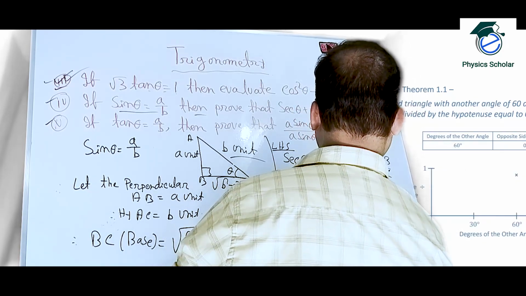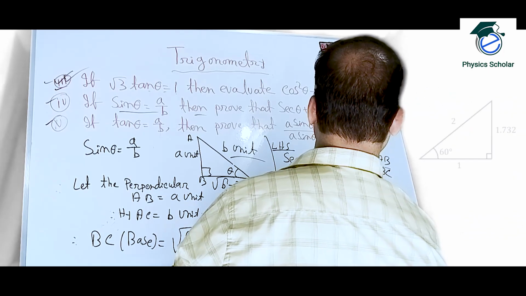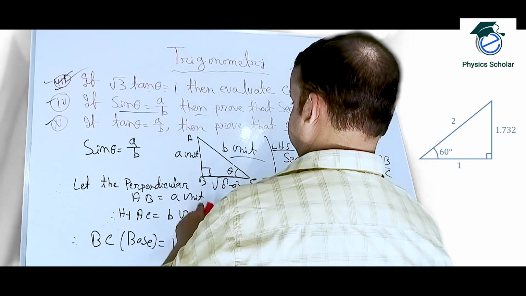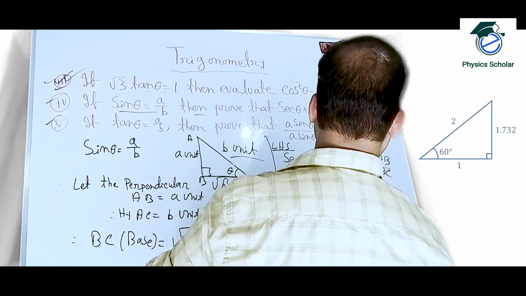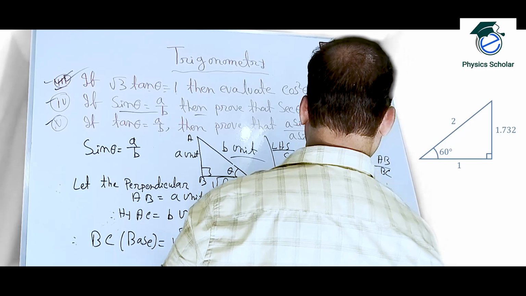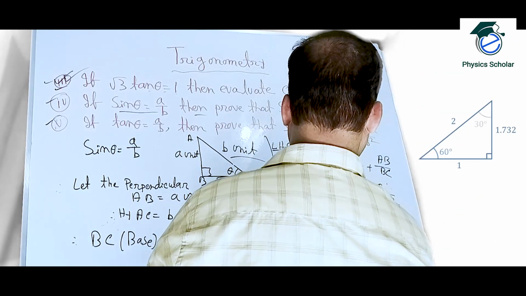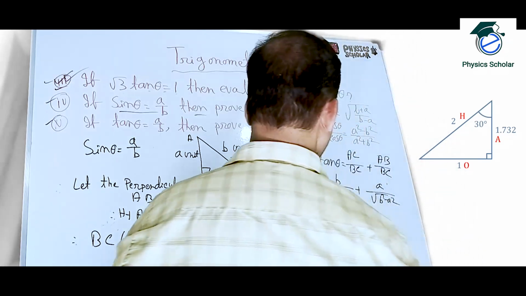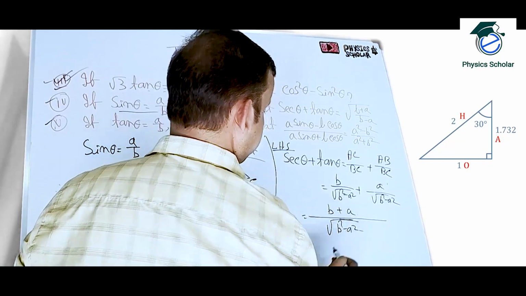So root over B square minus A square will be the LCM. So B plus A, over root over B square minus A square. So what do we have to prove? Okay, no problem. So now it is B plus A divided by root over B square minus A square.